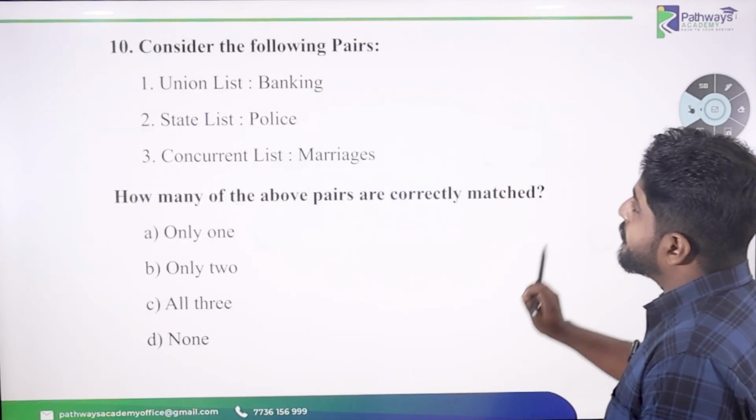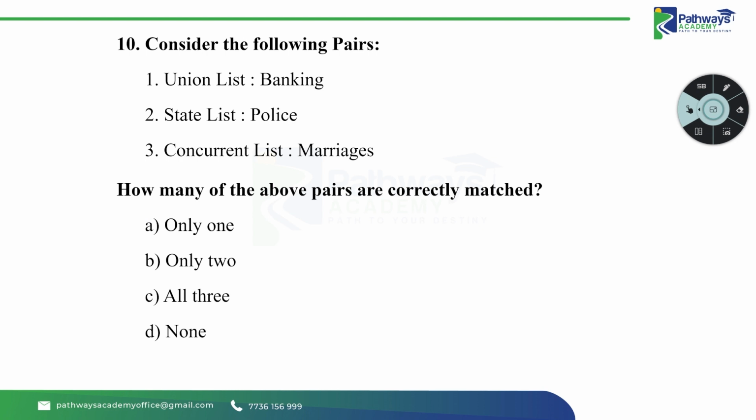Question number 10. Consider the following pairs. Number 1, union list, banking; state list, police; concurrent list, marriages. Union list includes those subjects which have national importance, for example foreign affairs, currency, banking, defense.